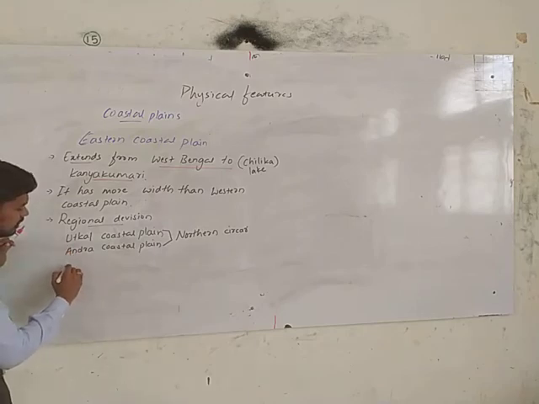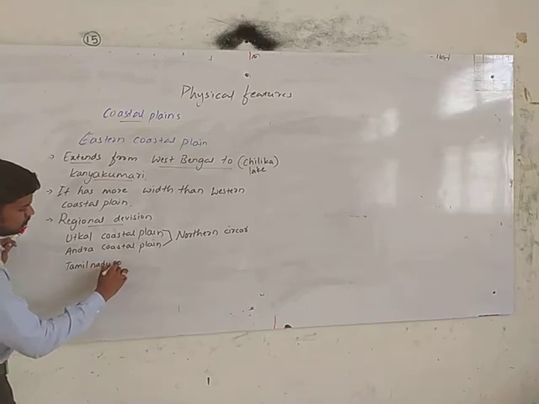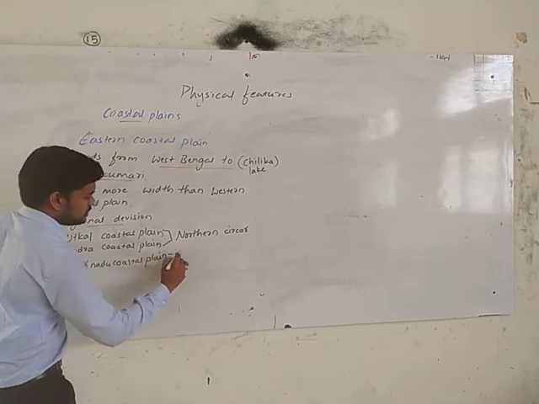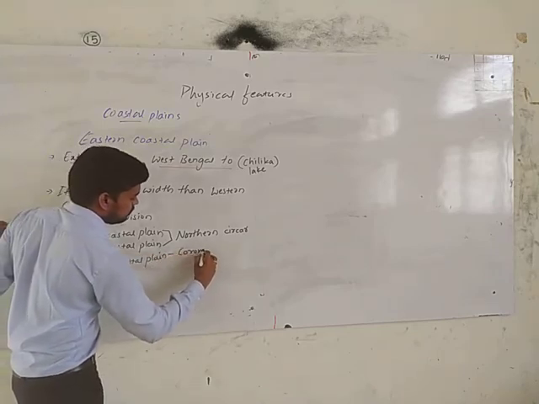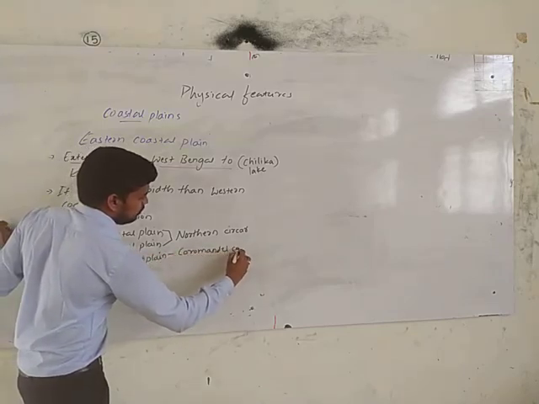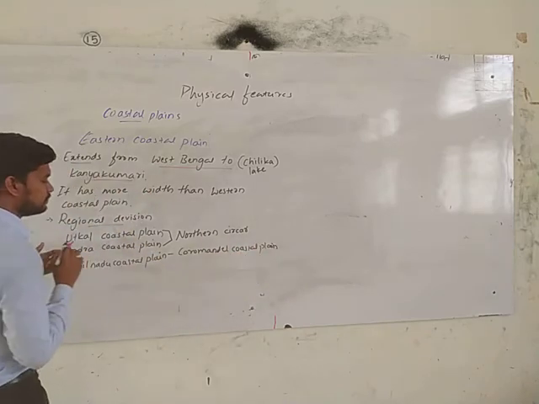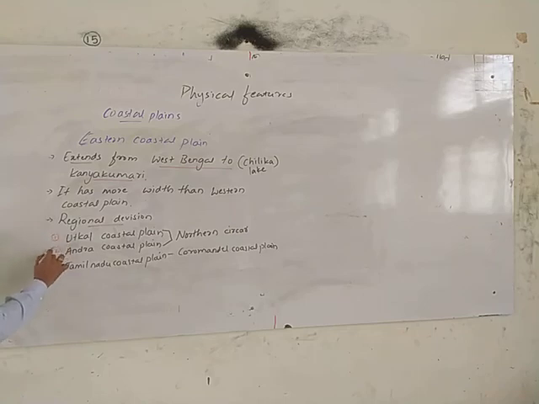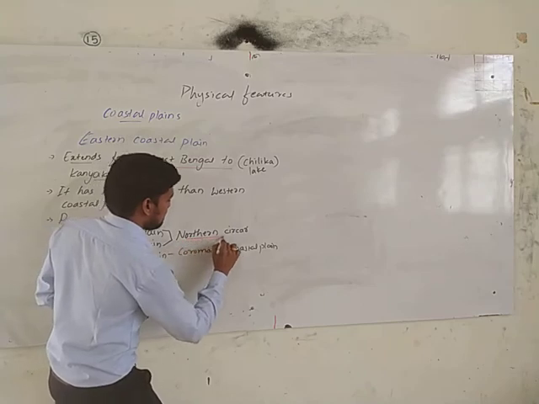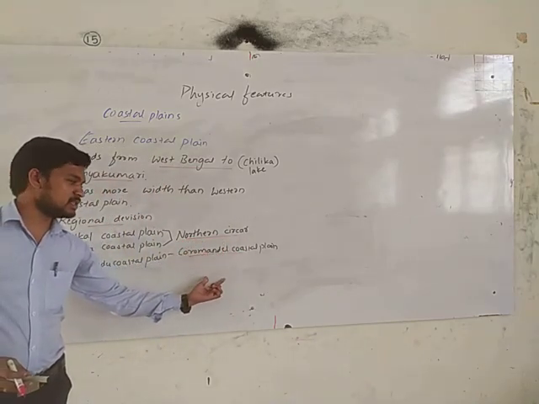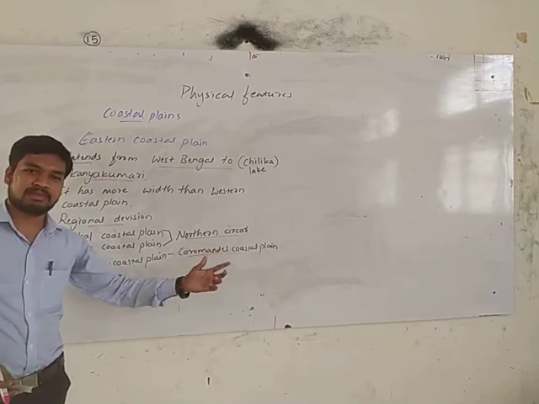And we have the Tamil Nadu coastal plain, which is called the Coromandel coastal plain. If you write the names of these two, Northern Circars and Coromandel coastal plain, it will be applicable.